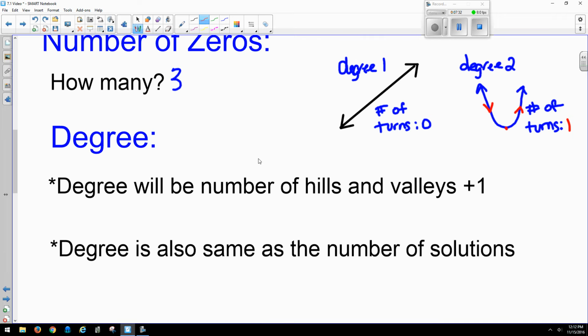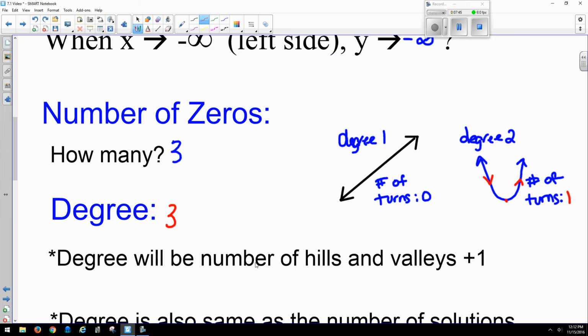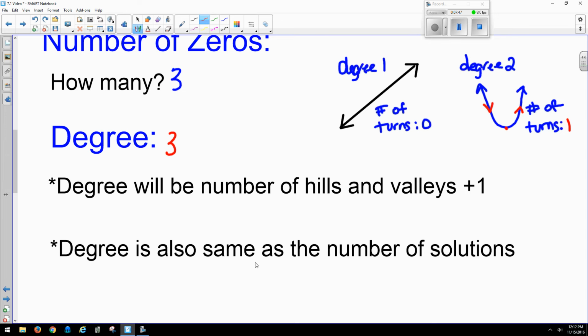So the degree for this particular example would be 3. Degree is also the same as the number of solutions, but if we're talking about polynomial functions, we're not going to be talking really about the imaginary solutions.